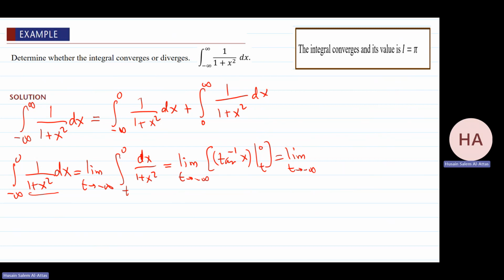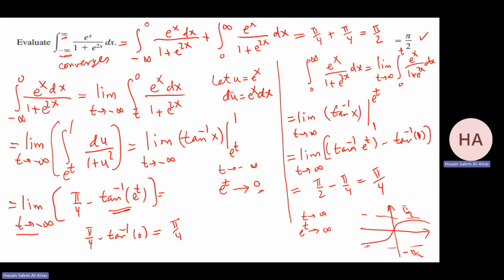Tan inverse of 0 is 0, and then it will be 0 minus tan inverse of t. That will be equal to what? 0 minus tan inverse of minus infinity, which is minus pi over 2. So I have minus of minus pi over 2. This is tan inverse.